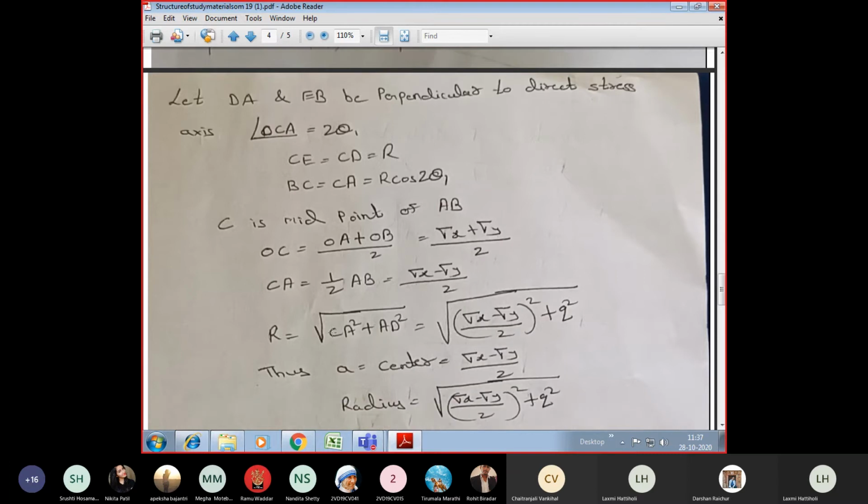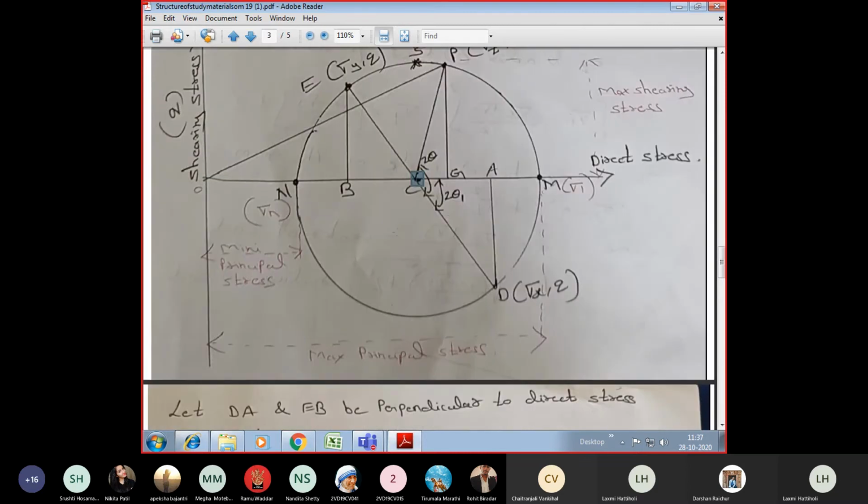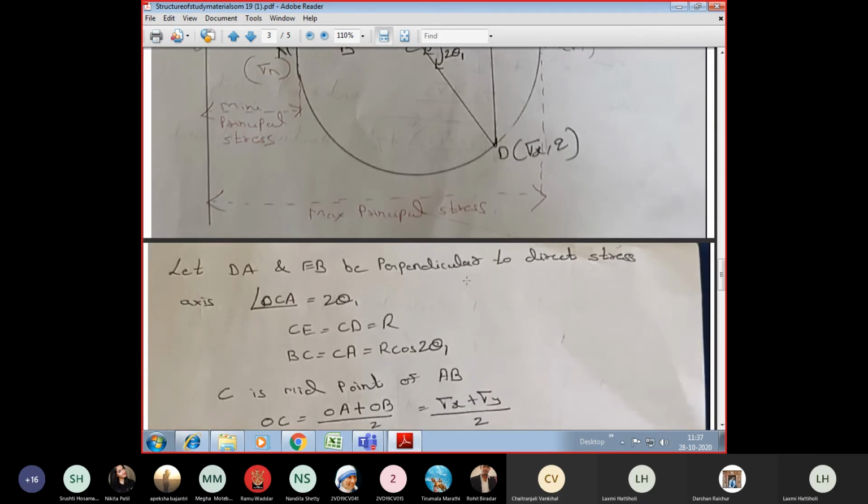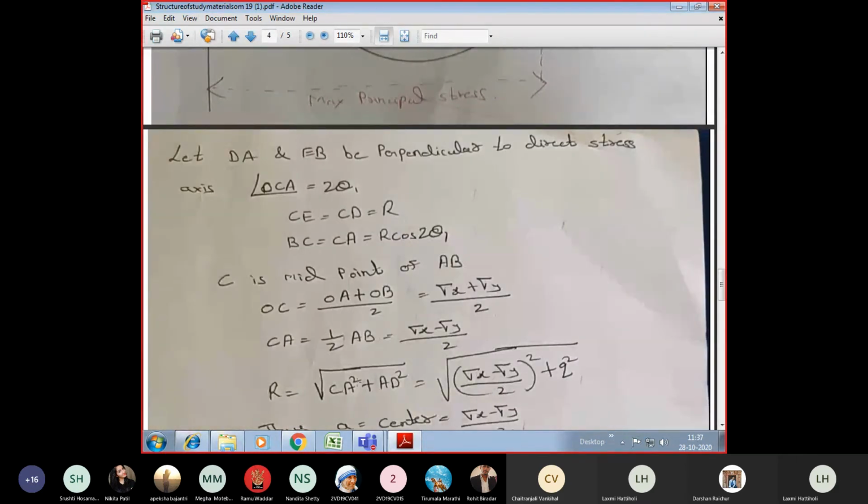And later on, I can say the radius R is equal to root of CA square plus AD square. In this particular triangle, the hypotenuse is nothing but R. So what can I write for radius R? Root of CA square plus AD square. That's what I have written here. CA and AD, we have already written the values.